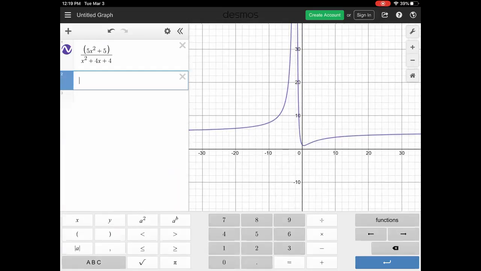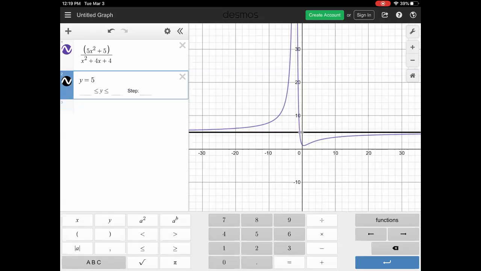I'll put a line at y equals 5 just so we can see. Okay, too tricky for us.